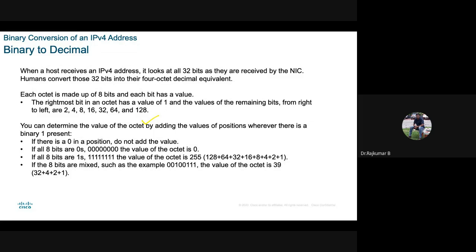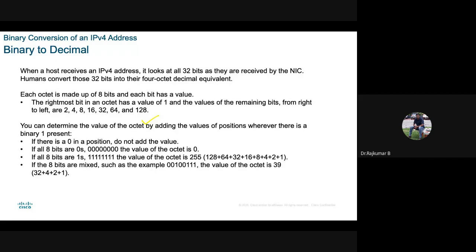As I'm saying, if there is a 0 in a position, then do not add that value. If all 8 bits are zeros, then the octet value is 0. If all 8 bits are ones, then the octet value is 255. I just observed that in the video itself, right?